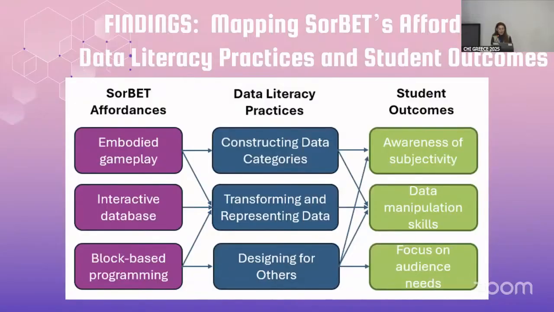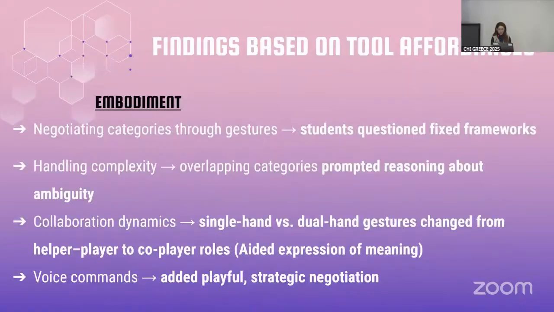Some initial findings regarding Sorbet's affordances and their connection to data literacy practices show that multiple practices are interconnected. For example, embodied gameplay and database editing led students to reflect on the subjectivity of categories, which was really important.